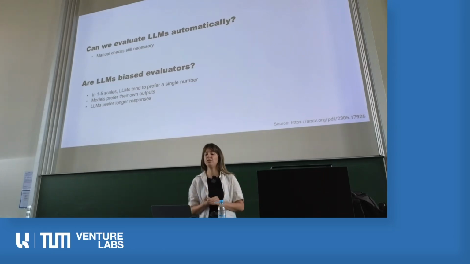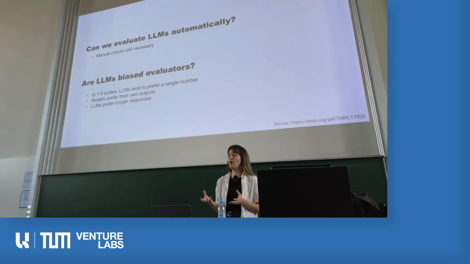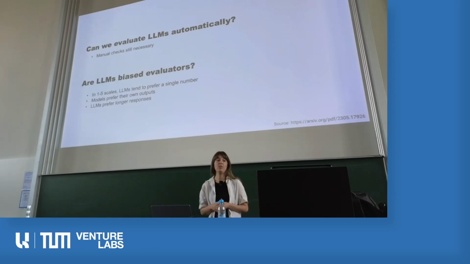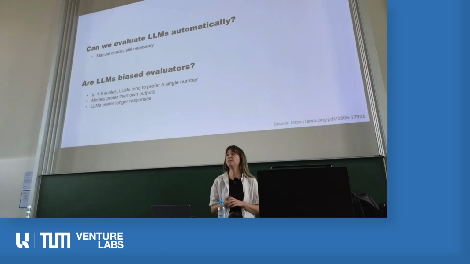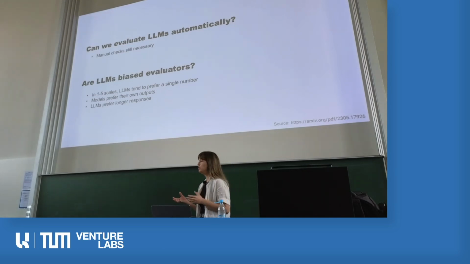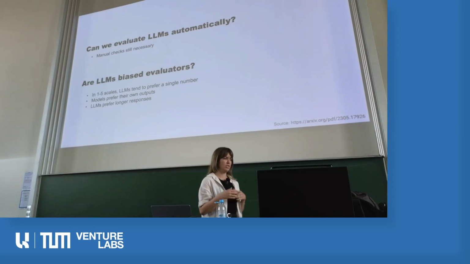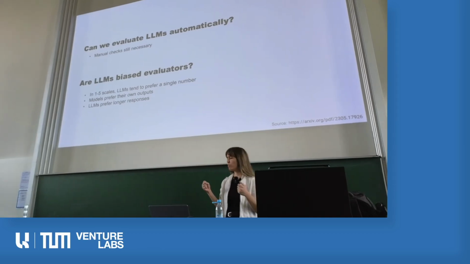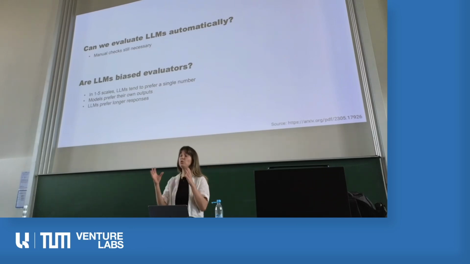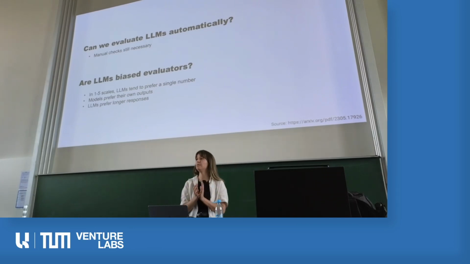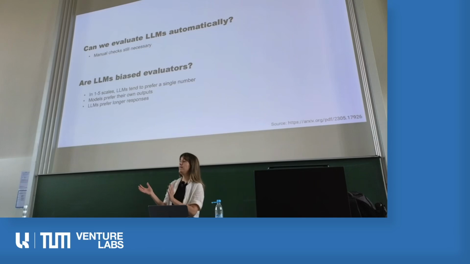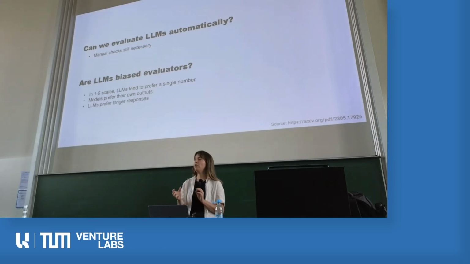And the other question, are LLMs biased evaluators? In my experience, we were using LLMs to label data. For example, the use case was classifying social media posts about diabetes. The evaluators said, OK, this post is related to diabetes, this post is not related to diabetes.